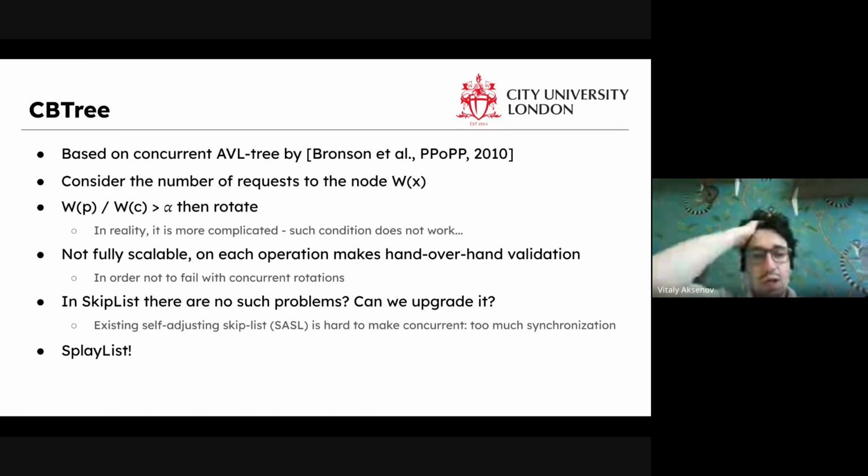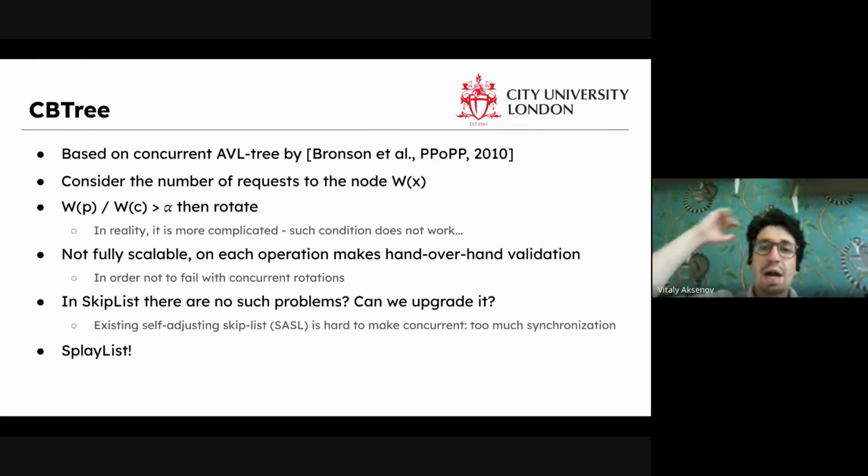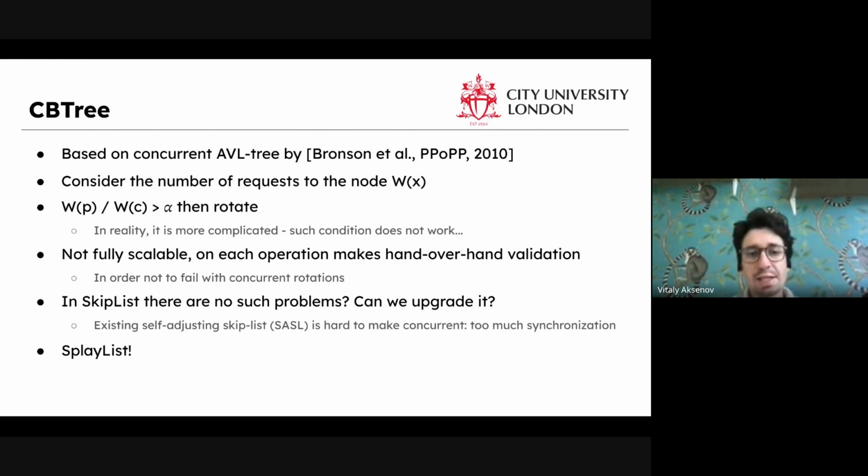In AVL, as you know, the main idea is that the heights of both children trees differ by 1, right? That's how it leads to logarithm n. So the idea of CBTree is that the number of requests for the child divided by the number of requests for the whole tree with the parent is not less than some constant, here alpha.